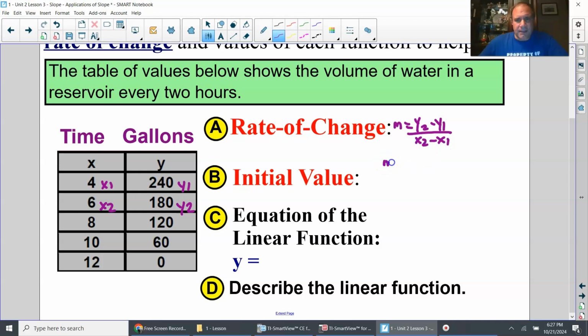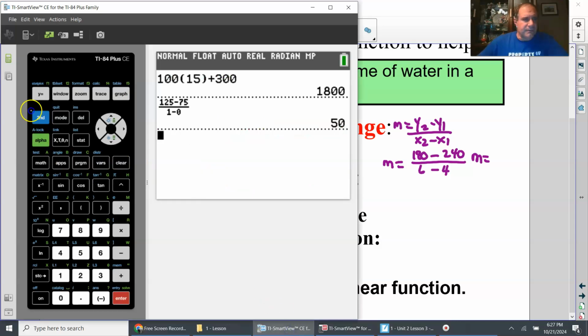We're going to put down M equals, and I'm going to go 180 minus 240, and then 6 minus 4.